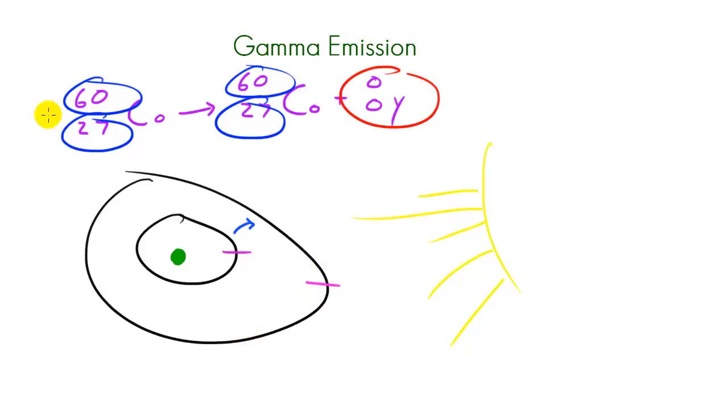Now, in order to get back down, it needs to release this energy. So in order to get back down to the ground state, or the first energy level, it's going to release these photons, and these are called gamma emissions, and that's basically what this is right here. It's the releasing of photons whenever electrons step down in energy level.